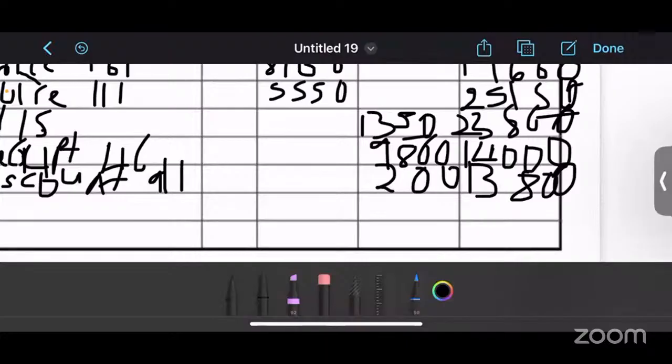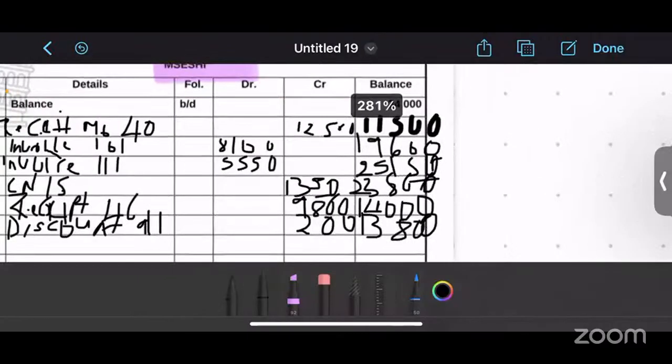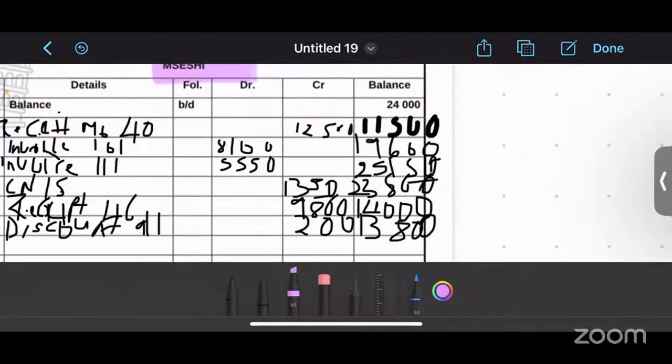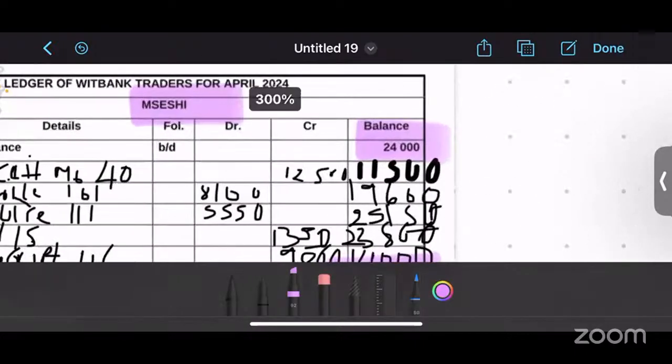Right? That means at the beginning of the month, this person owes what? This person owes, I mean, at the beginning of May, but at the end of April, this person owes 13,800 rands. And remember, at the beginning of the month, this person owed 24,000. Okay.